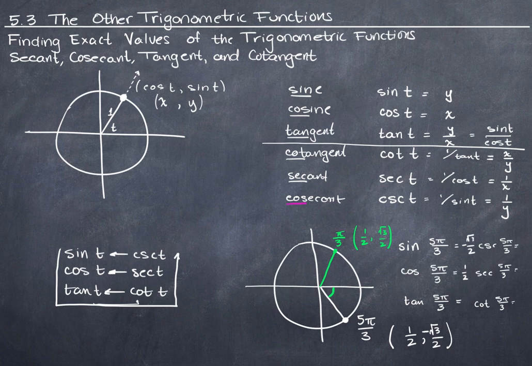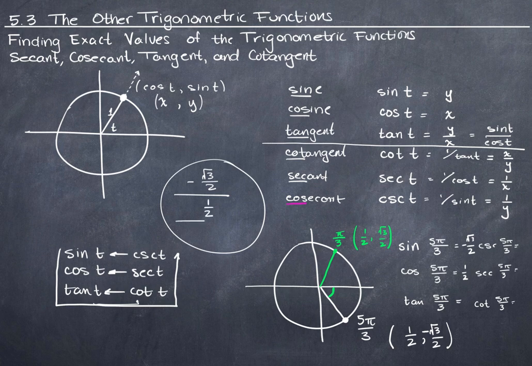The tangent is defined as being y over x, or sine over cosine. I'm going to do this in some scratch space right here. Y over x would be negative the square root of 3 over 2, that's the y value, since sine is y, divided by the x value, 1 over 2.